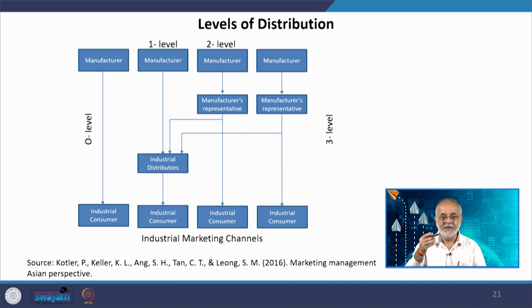For example, testing kits in coronavirus were being manufactured by someone, but the basic ingredient came from somewhere else, and so on. There are several kinds of things associated with several kinds of products in both categories, consumer marketing channels as well as industrial marketing channels.